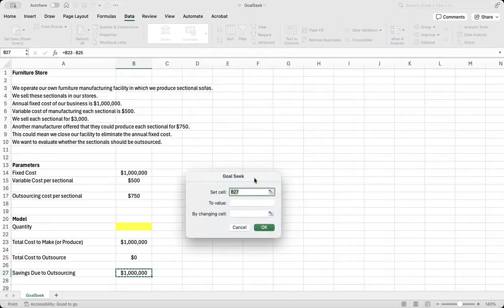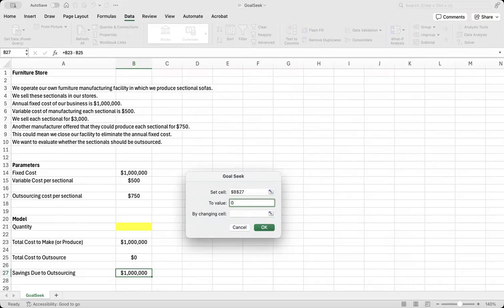So the GoalSeek menu will ask us a few questions. And the first question it asks is, which cell are you interested in setting to a specific value? And for us, that cell is B27, to value 0.